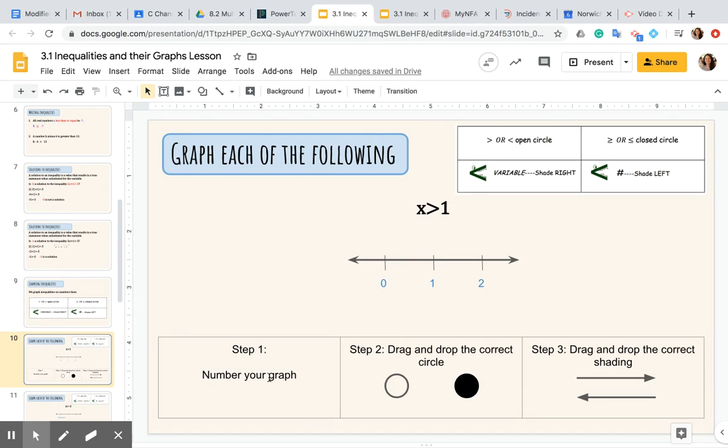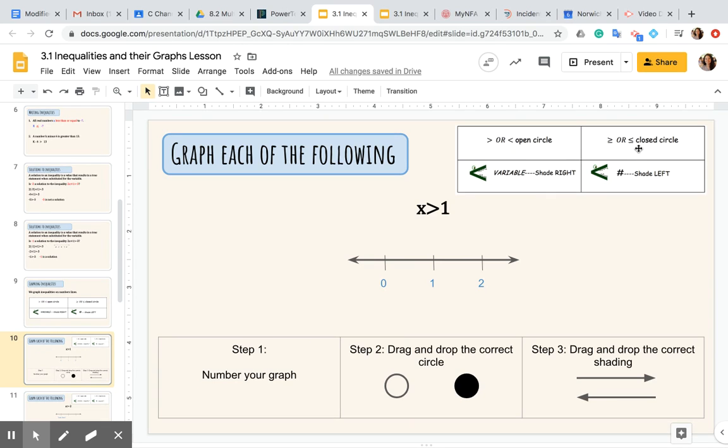I've numbered the graph. Step 2, I need to drag and drop the appropriate circle. It's either going to be an open circle or a closed colored in circle. This is where you have to go back and look at this chart here. This table up here in the corner tells me that if my inequality symbol does not have a bar, I use an open circle.